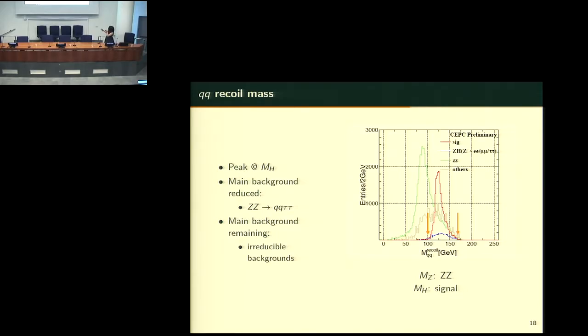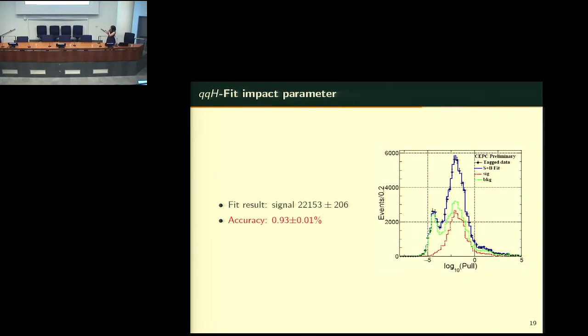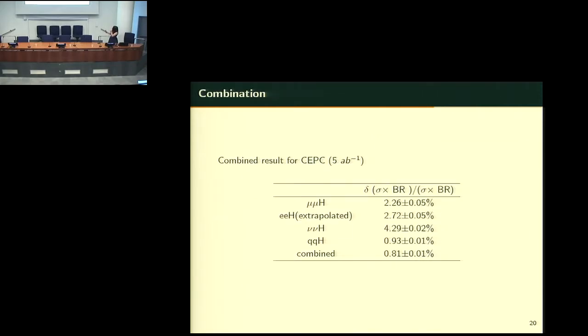In this way, most of the background remaining after this step is really irreducible, and then we use the impact parameter to get rid of these particles. And in this channel, we have reached an accuracy of less than 1%. And here is the combination of all the channels, and the final combination is 0.8%, which is really nice.